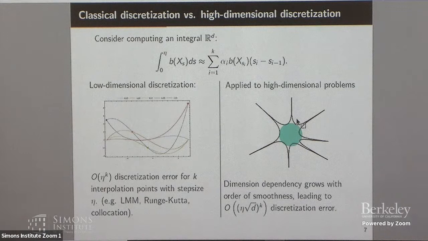No matter how high an order discretization method you use, you get eta times root d to the power of k. And this does improve the epsilon dependency in your final mixing time.